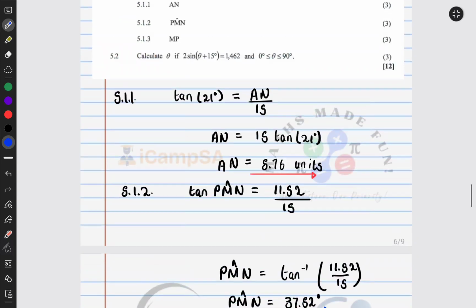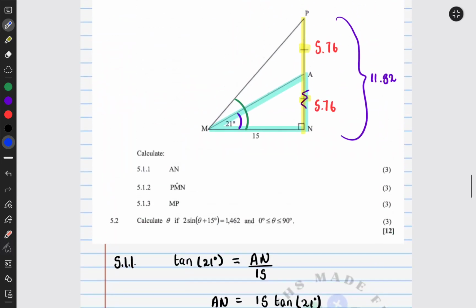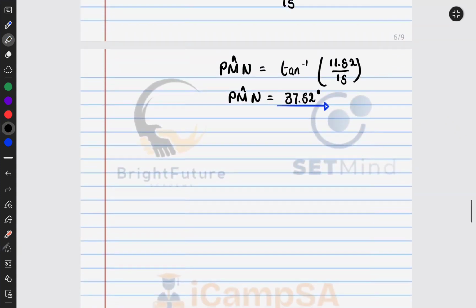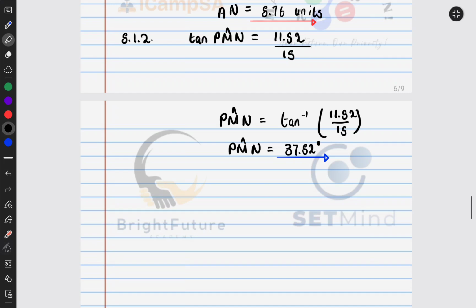Okay, and then we're asked to calculate the length of MP now. What is MP? MP is the hypotenuse of this triangle. You can calculate the side MP by using the Pythagoras theorem, or you can use the trigonometric ratios. For 5.1.3, let's use the Pythagoras theorem. MP squared is equal to, what's the other side?